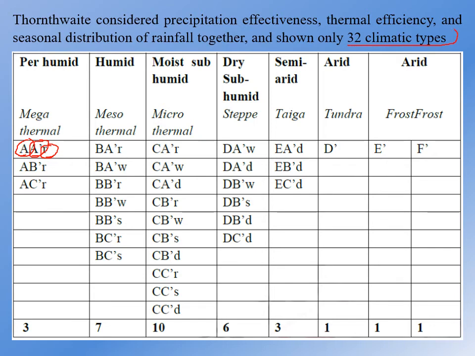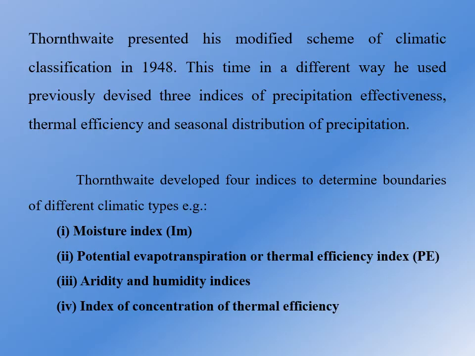Now, Thornthwaite proposed this classification scheme in the year 1931. Later, Thornthwaite himself modified his climatic scheme by using the concept of potential evapotranspiration.